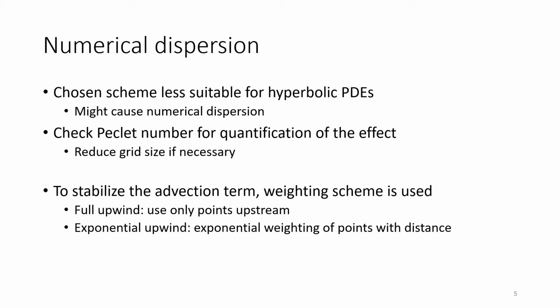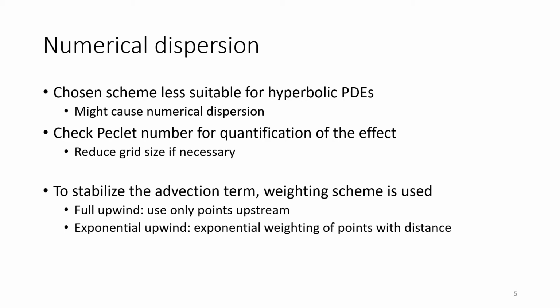The code itself does some stabilization of the advection term. So in the finite volume method, it uses some kind of weighting scheme. To be more flexible, you can use a full upwind scheme. We learned in one lecture what an upwind scheme is: you're only using points which are upstream.